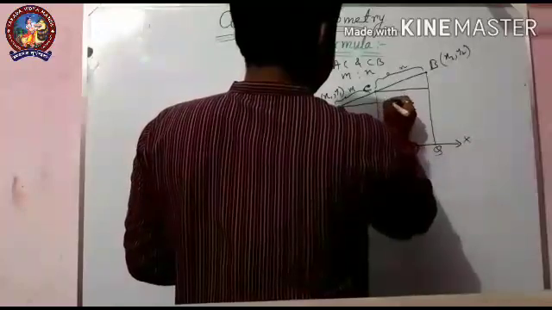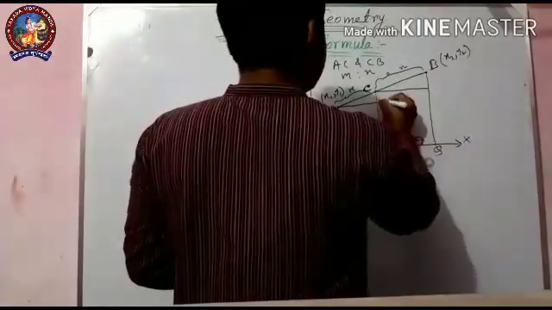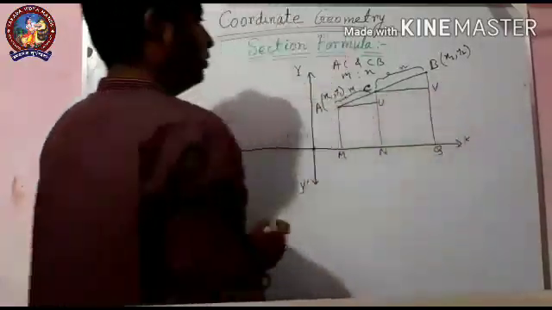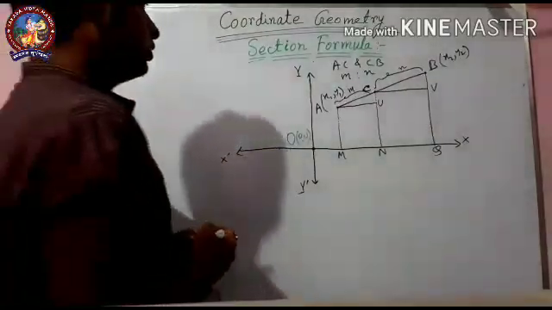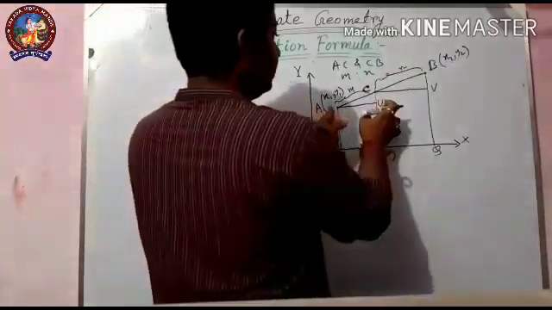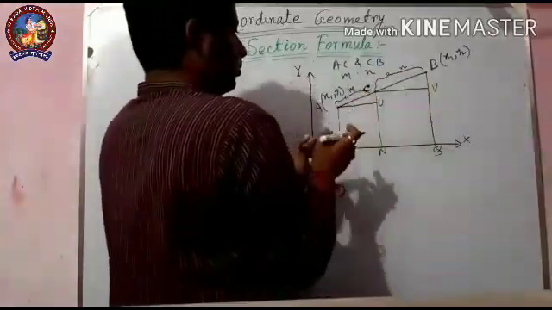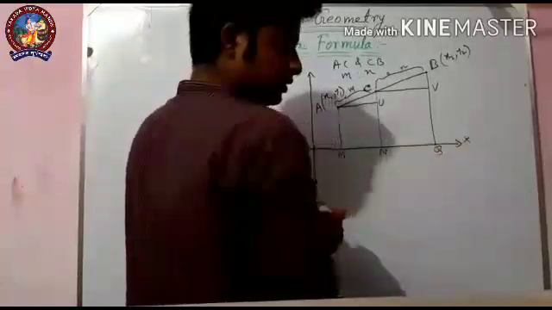Name these U and V. I have drawn these line segments AU and CV parallel with the x-axis.